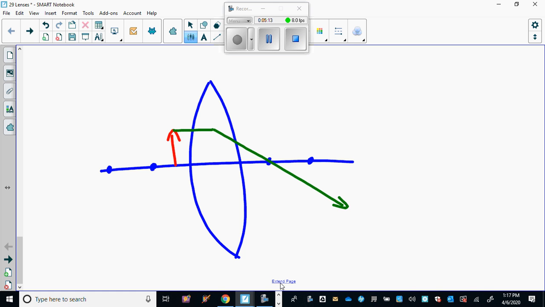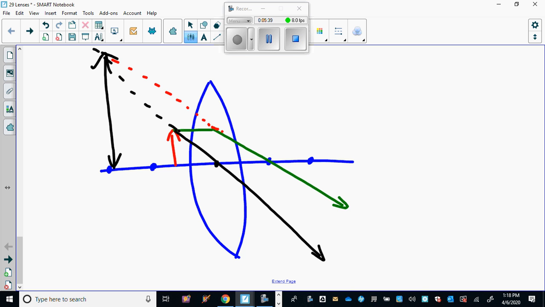Now, when you draw the one through the center here, obviously, you're going to see that these two rays are diverging. So this is where you're going to have to extrapolate each one. Extrapolate each one back, and they're going to meet somewhere here.